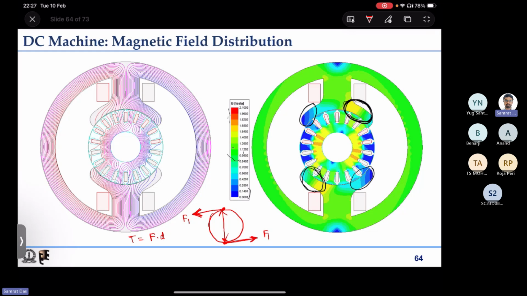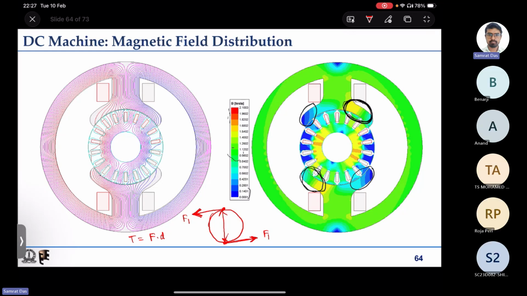But in the actual case, we will look at the case for a DC machine, and the same thing will follow for other machines also. We would see that this torque is not as simple as two forces acting on two diametrically opposite sides with a couple.